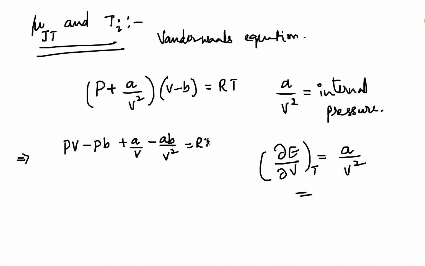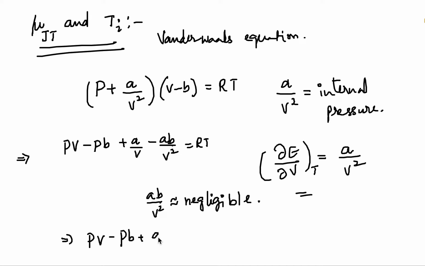And we know that for many gases A and B values are very small. Therefore AB over V square is almost negligible. So what we end up with is PV minus PB plus A by V equal to RT.